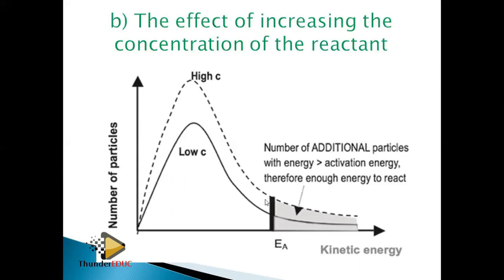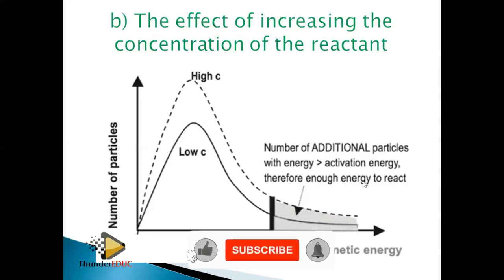So this reaction will have more particles which have kinetic energy compared to activation energy, and more reaction is going to take place, or a high rate is going to take place. The rate at which this reaction is taking place is going to increase due to the number of particles which are reacting per unit time. So there are additional particles with energy greater than activation energy, therefore enough energy to react.